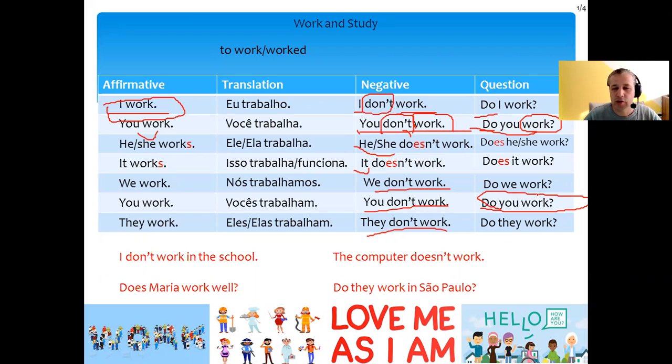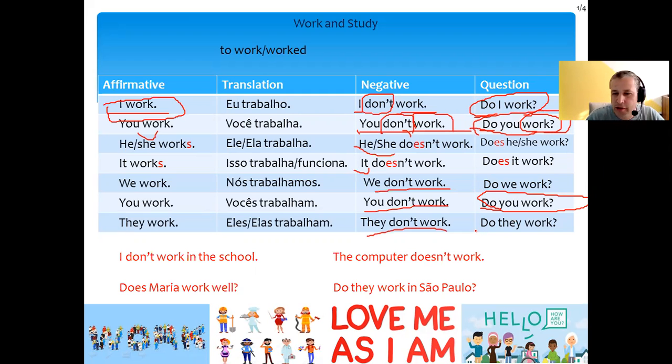Então não importa, com todos esses verbos, qualquer verbo, exceto o verbo ser, estar, eu sou, eu estou, vai funcionar dessa forma aqui. Do I work? Do you study? Do you drive? Do you like? Do you love? Do you have? Você tem? Você ama? Ok?